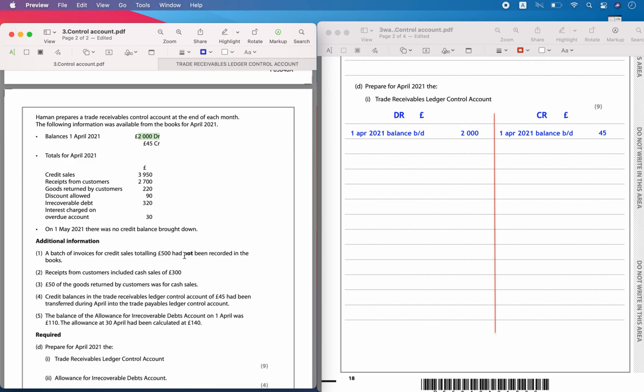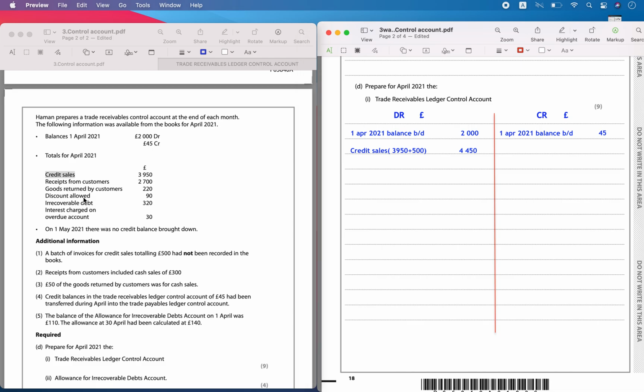A batch of invoices for the credit sales totaling 500 had not been recorded, so you are supposed to record this extra 500. So this is going to appear on this side. So credit sales will become equal to 3950 plus 500.